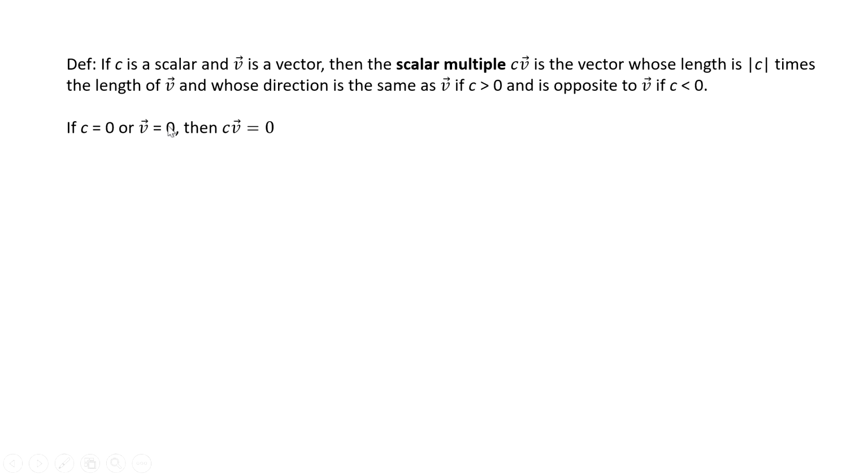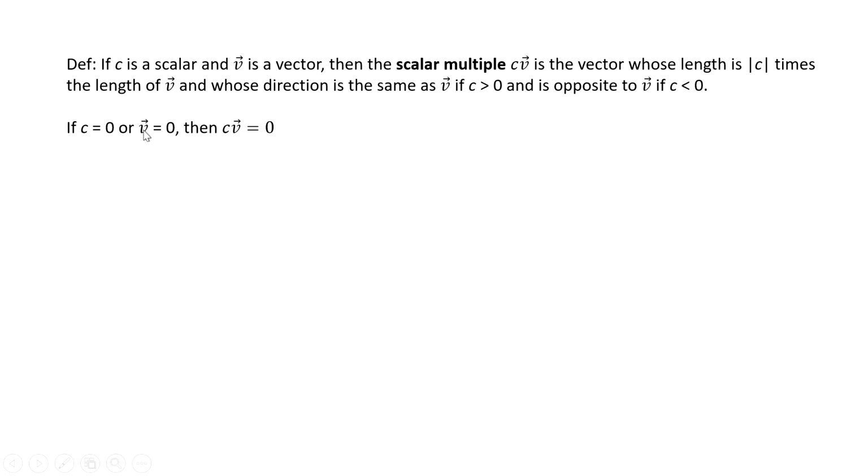Should I put an arrow on top of the 0? Yeah, you're right, that would be better. But traditionally people don't. Based on the context, we are supposed to figure out when I say vector V is equal to 0, a vector cannot equal a scalar. The 0 as such is a scalar because it's a real number.